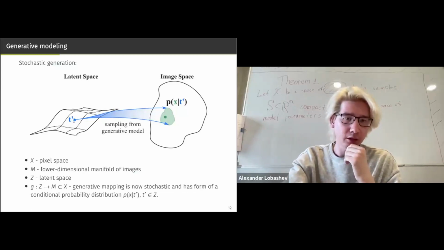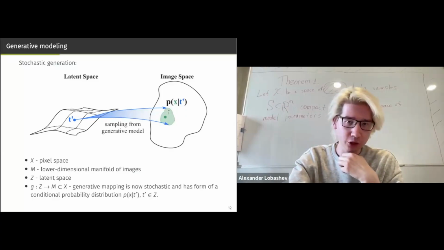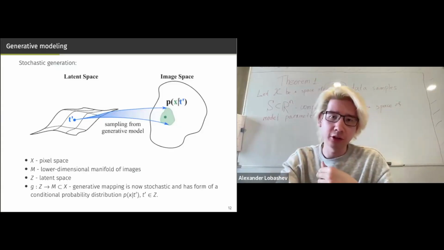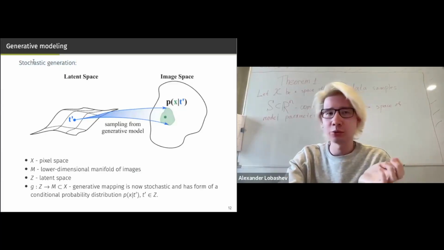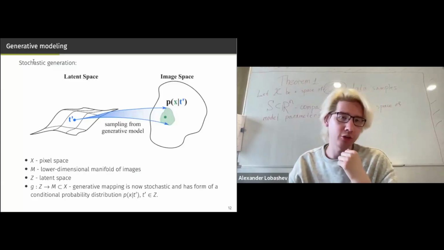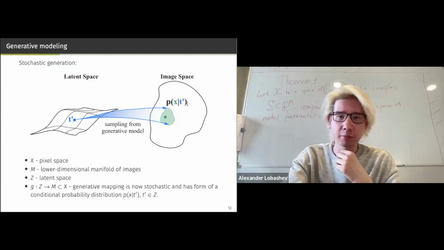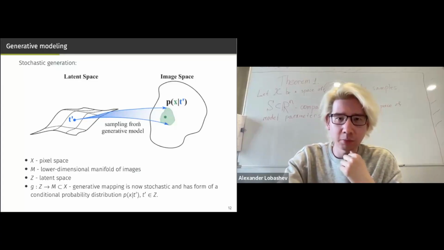If we have an initial noisy image, in a diffusion model we solve a stochastic differential equation, and as a result we get some distribution of images for a single initial latent. So it is better to work with the more general case of stochastic generative models. If we have our latent space, then generation is not a single sample. This is some conditional distribution. In the deterministic case, it will be just a delta function centered at the sample which was generated.